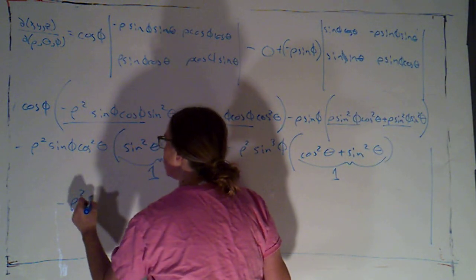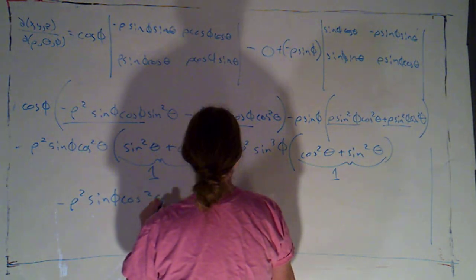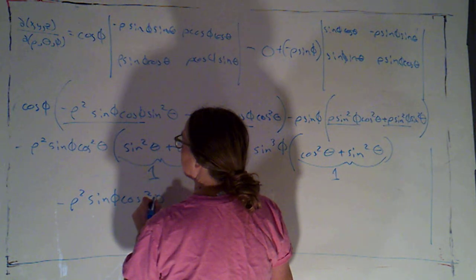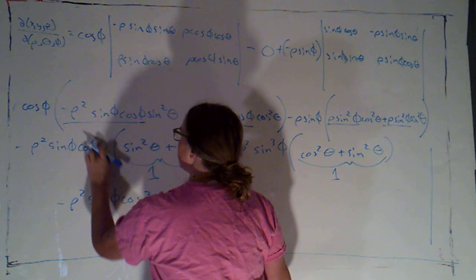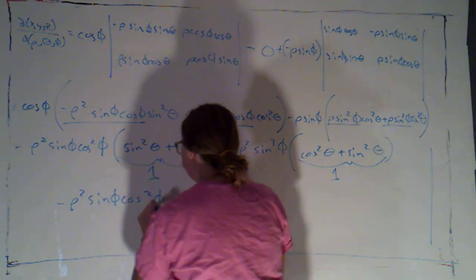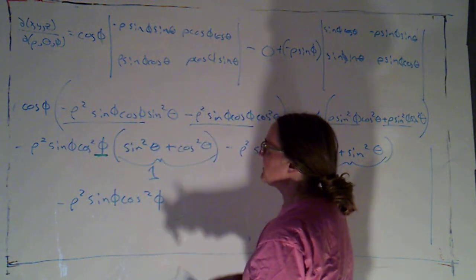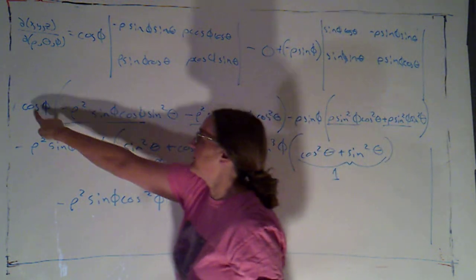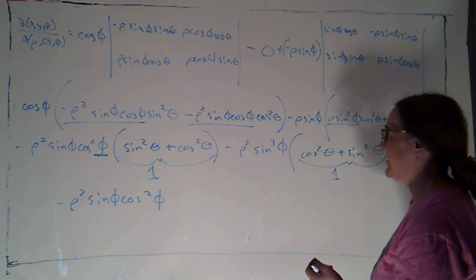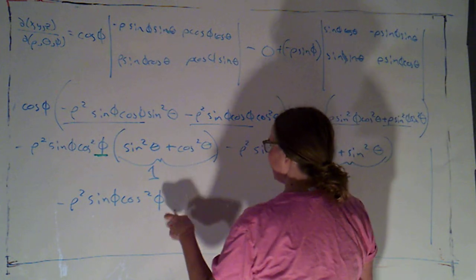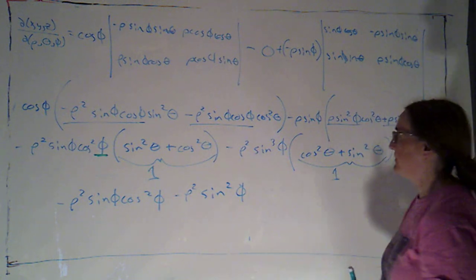So we get negative rho squared sine phi cosine squared theta, I'm sorry, that was supposed to be cosine squared phi. My bad. Remember, that was from the cosine phi that we factored out and the cosine phi that was already there. Okay. So that should be a cosine squared phi, not a cosine squared theta. Minus rho squared sine cubed phi.